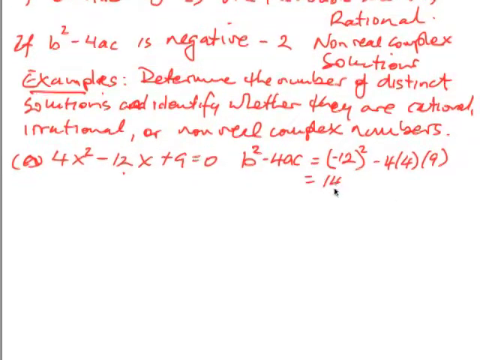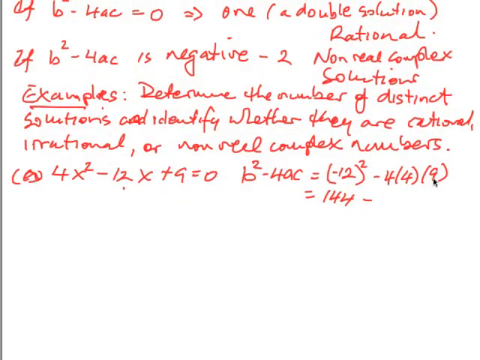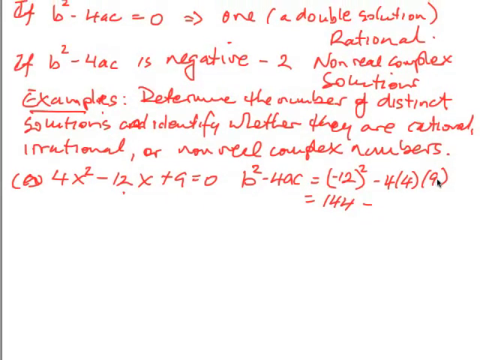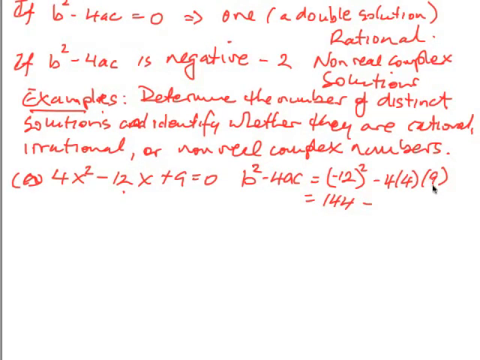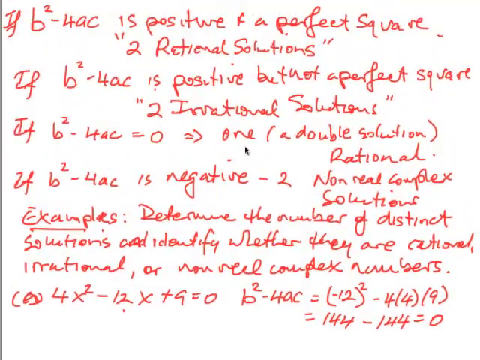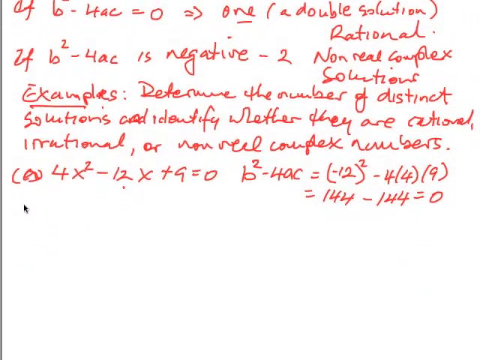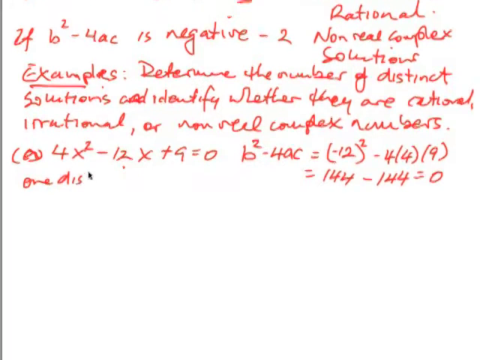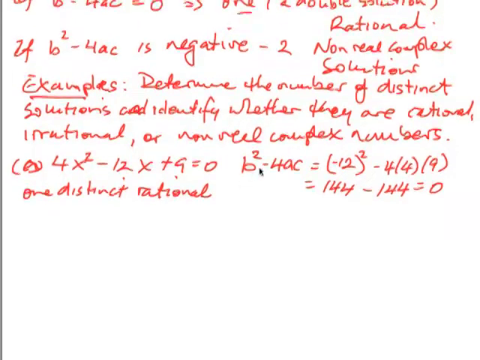And this comes out to be 144 minus, what's this going to be, 16 times 9 is going to be 144, which will be 0. So since this is 0, we come here and we see we have 1 distinct rational solution.